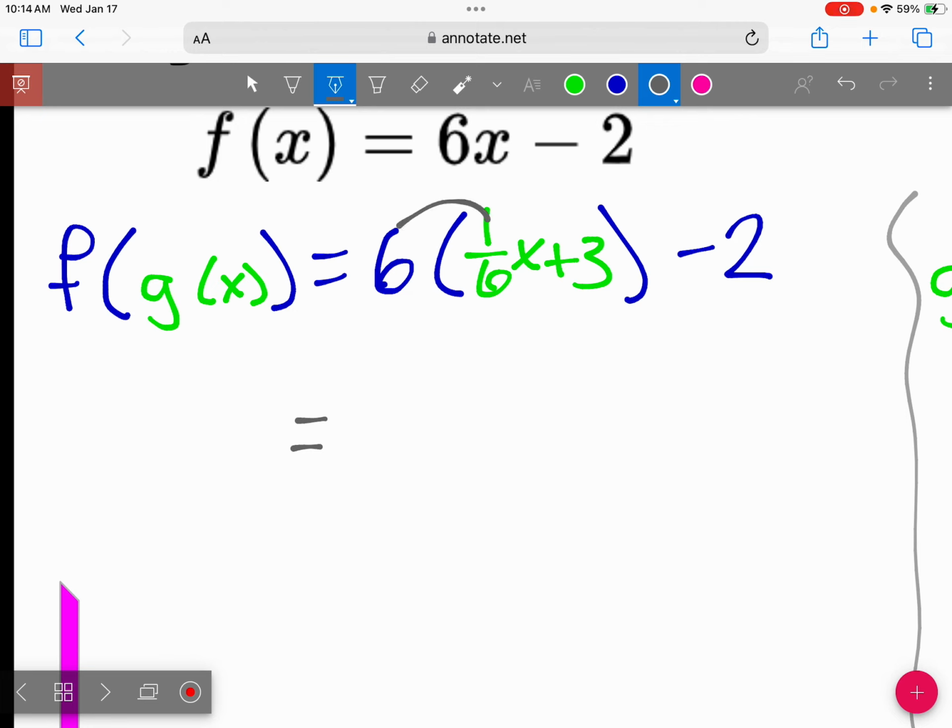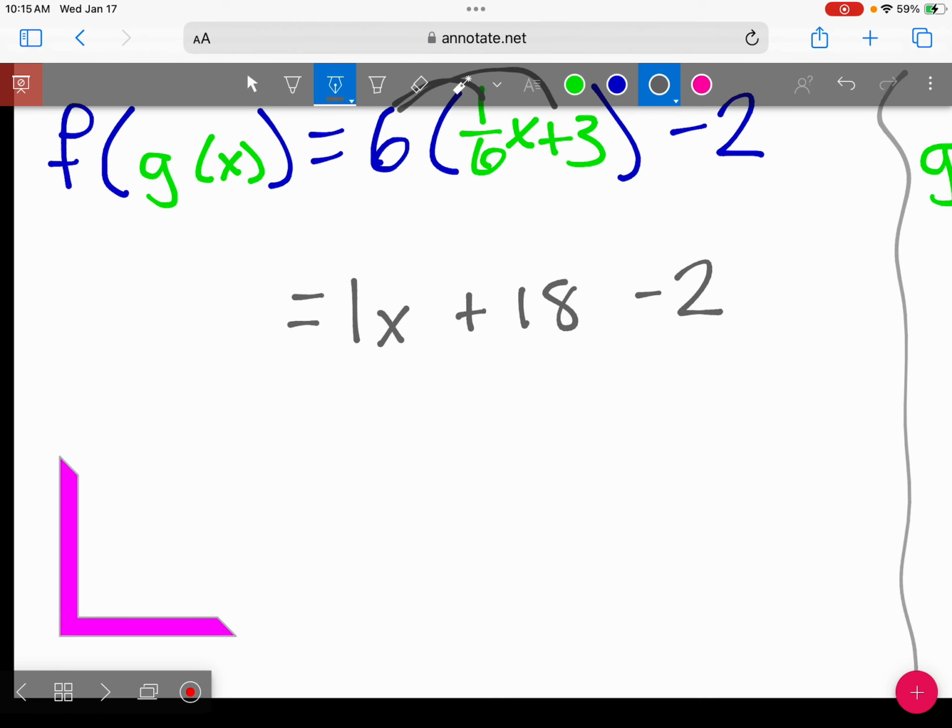Distribute. 6 times 1/6 x, 1x. 6 times 3, 18. And then we still have this minus 2. So our f of g of x equals x plus 16.